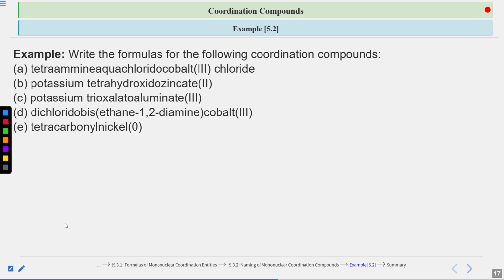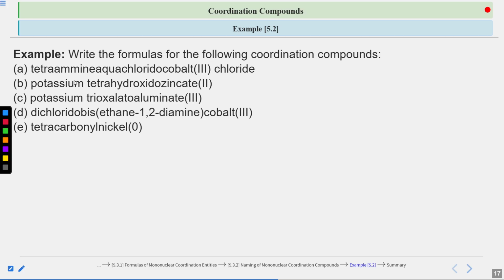Okay, let's practice an example here. Example 5.2. Write the formulas for the following coordination compounds. So we have given 5 compounds. You have to write the formula for each of the following. A is tetraamine aquachlorido cobalt(III) chloride.